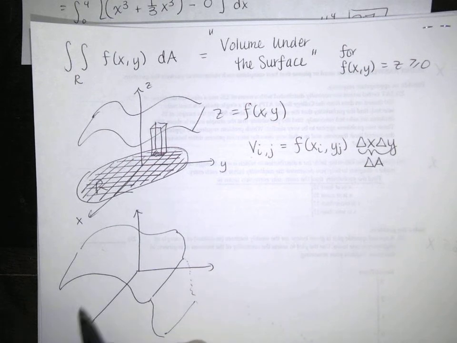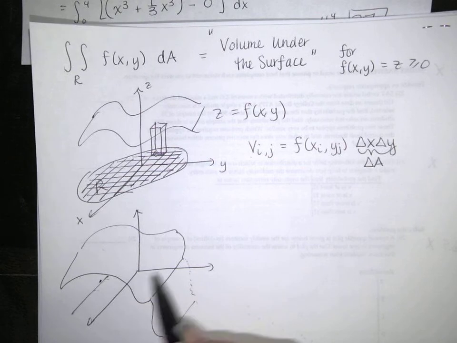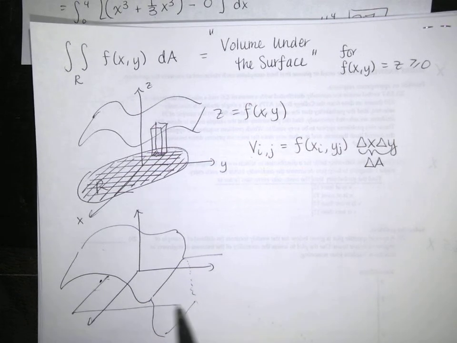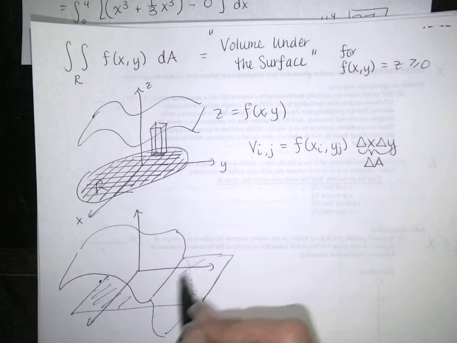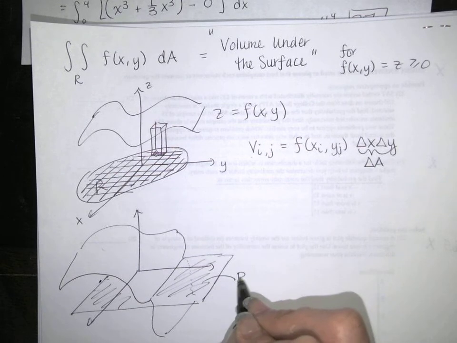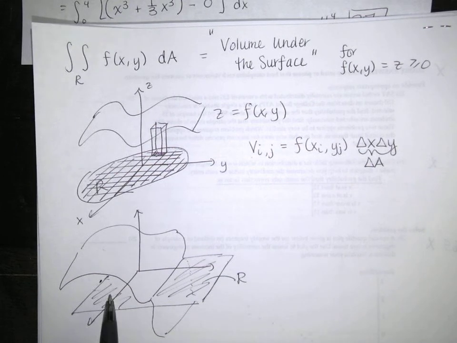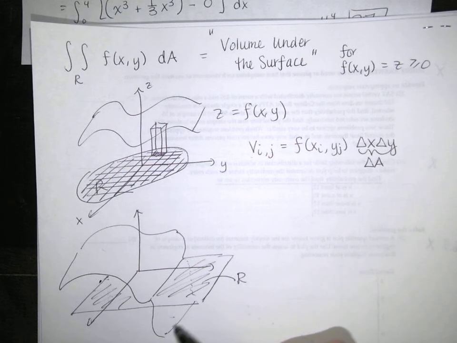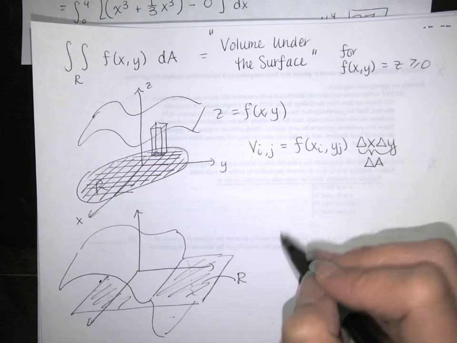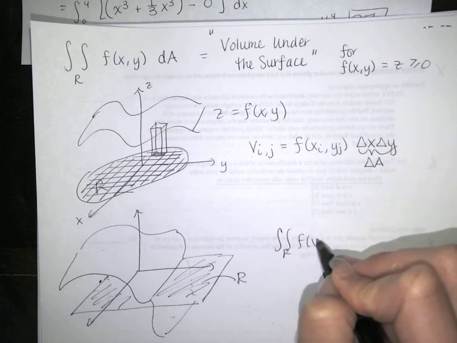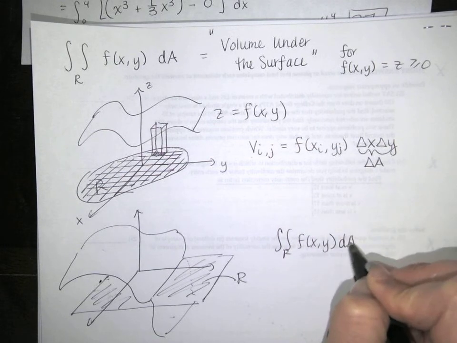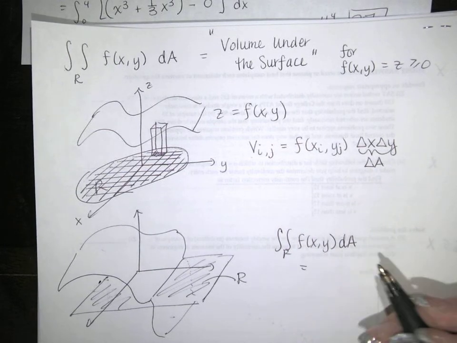What you're going to get is, if this is our region R, let's say we're talking about this rectangle in the xy plane, maybe that's R, you're going to get the volume above the xy plane minus the volume below the xy plane. So it's sort of a net volume, just like you did net area in Calculus 1.